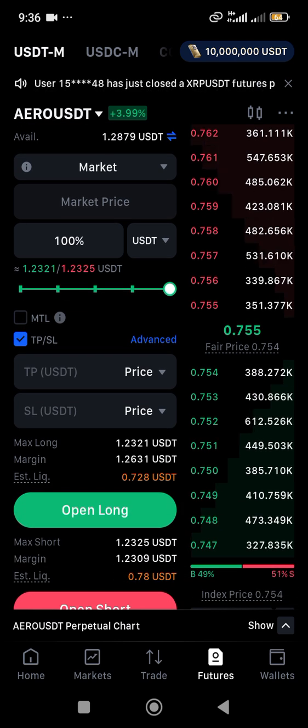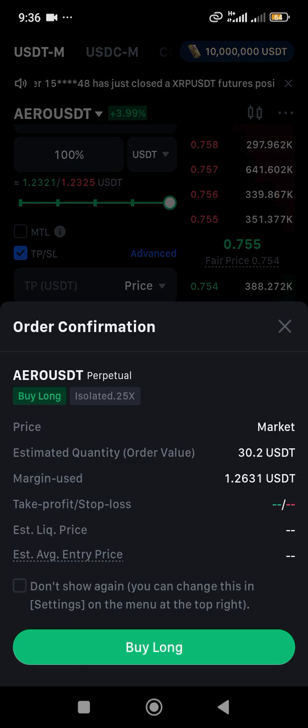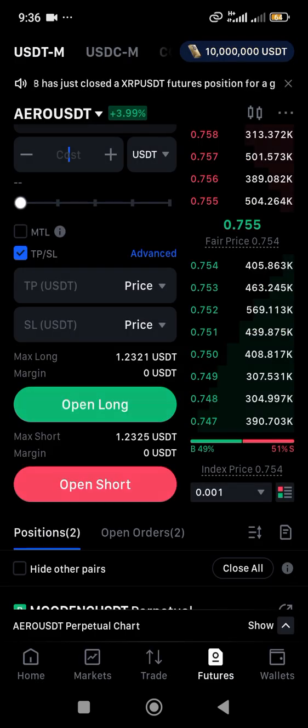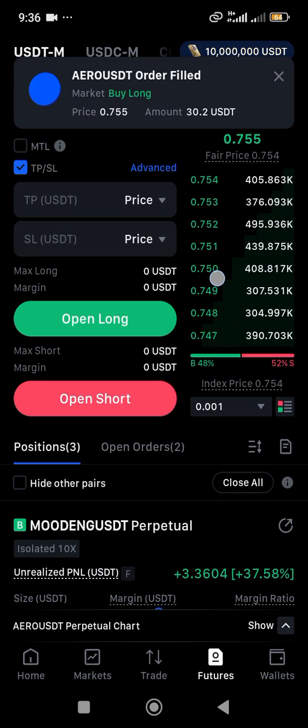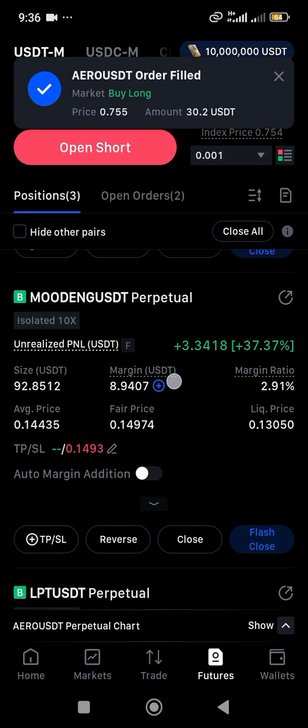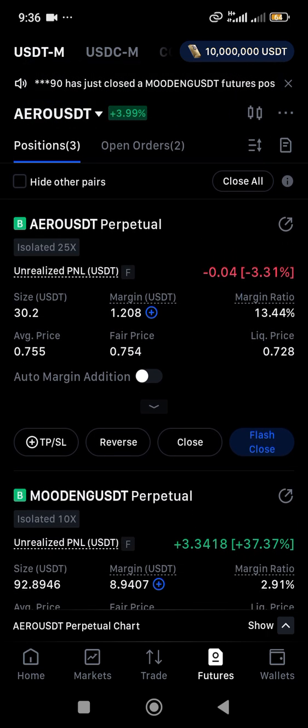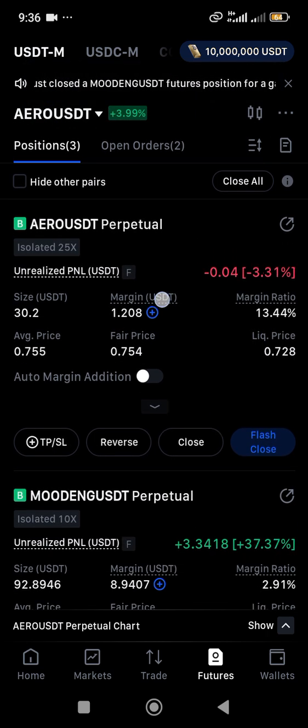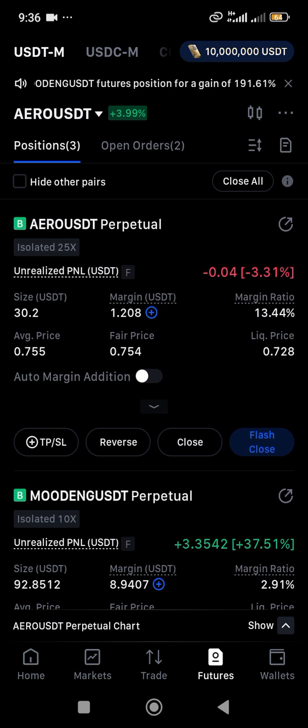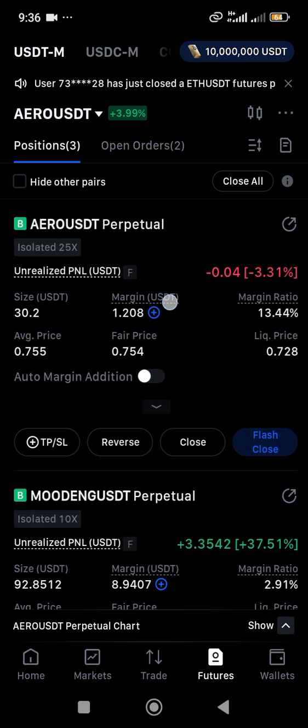Let me place the order now. See, look at the order here. You can see my margin. My margin is 1.2 USDT. The actual money I have is 1.2 USDT.